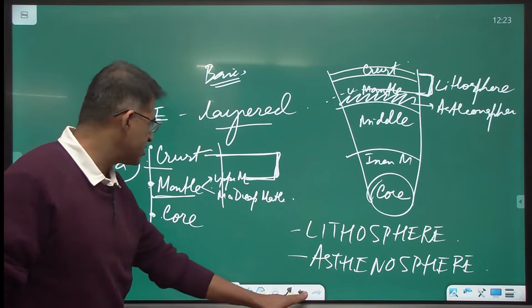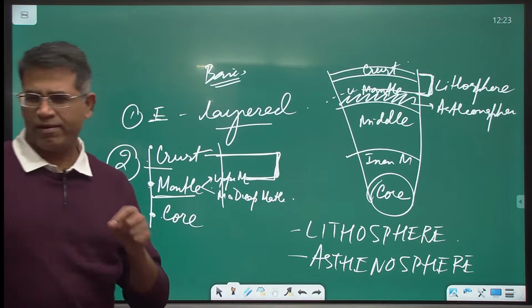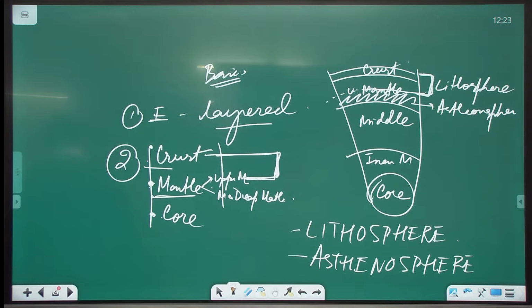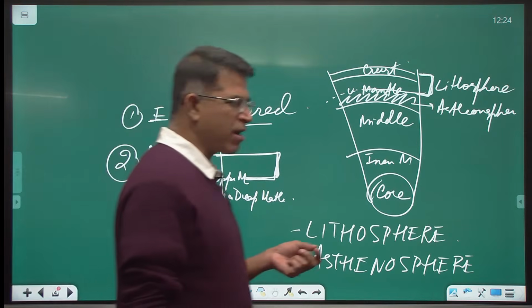So Earth's layers are divided under different schemes. Write down. The most common is crust, mantle, and the core.